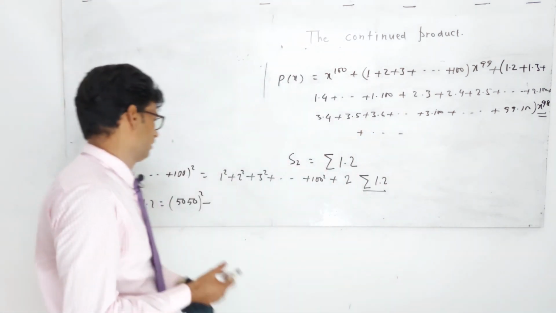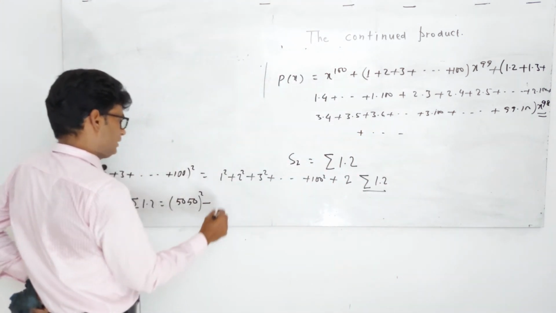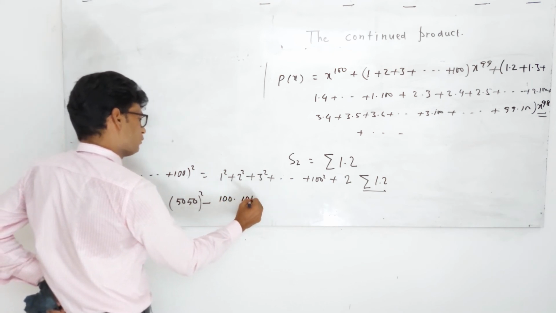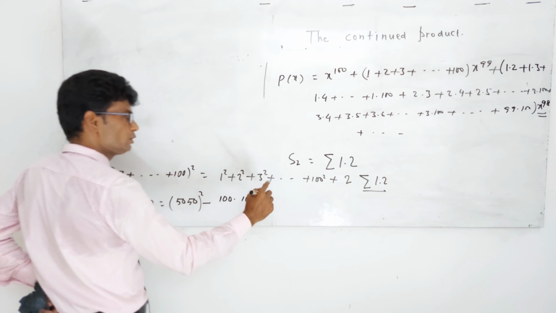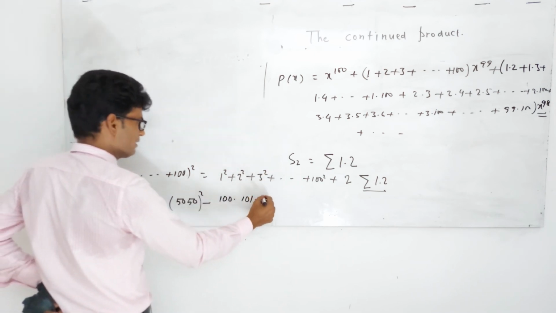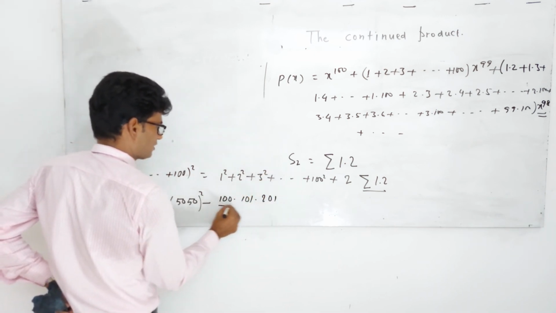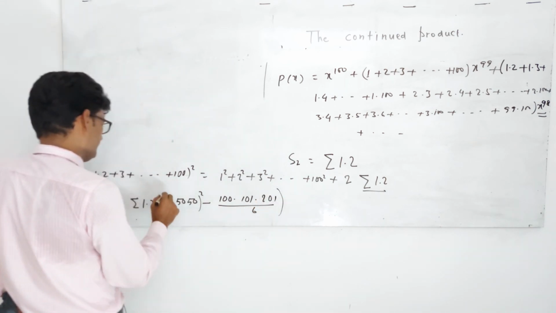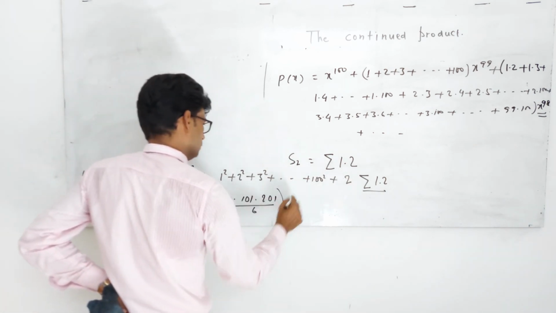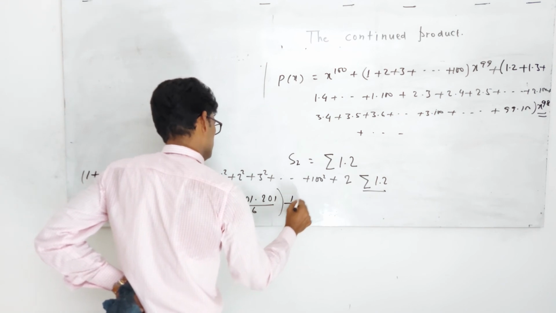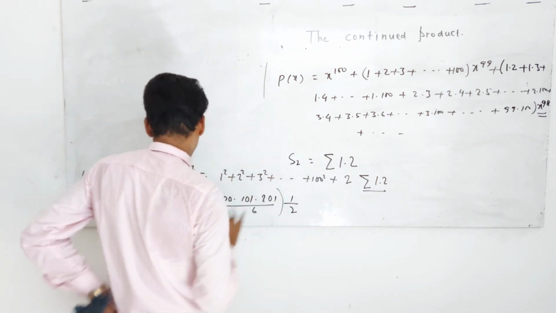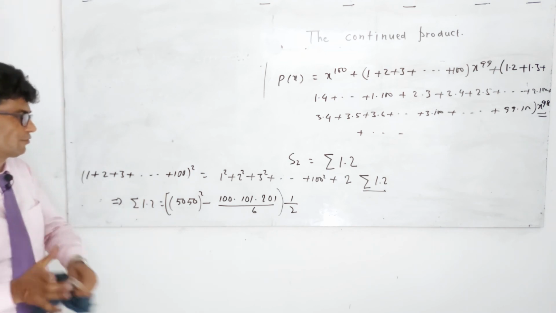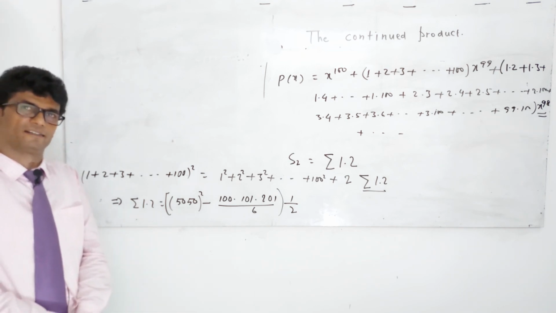So n is 100. So here it is 100 multiply 101 multiply (2 into 100 + 1), that means 201, over 6. Whole divided by 2, half comes on that side, becomes 1 by 2. So this is the answer of the coefficient of x to the power of 98.